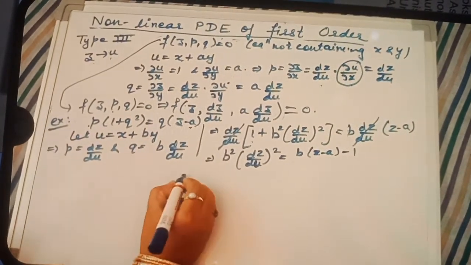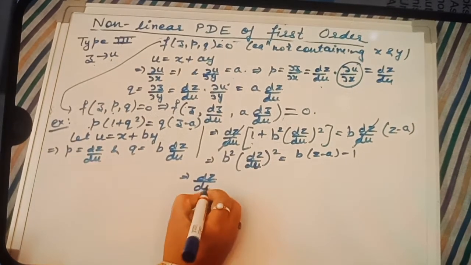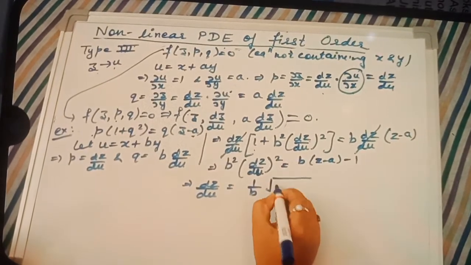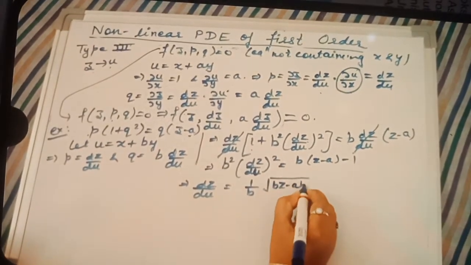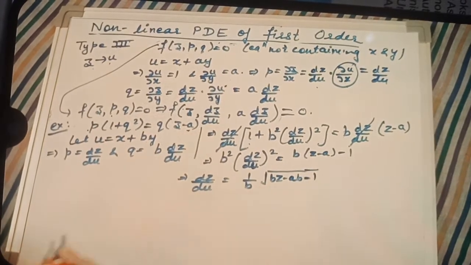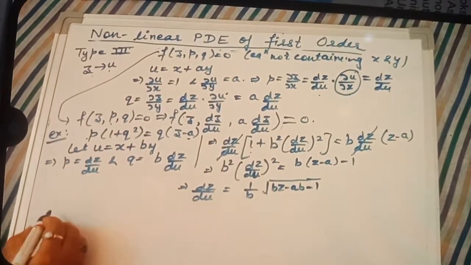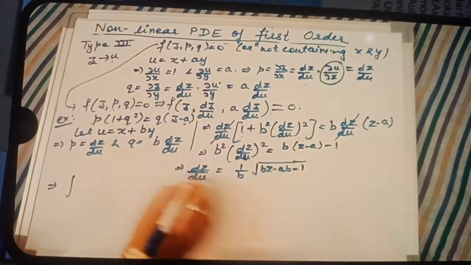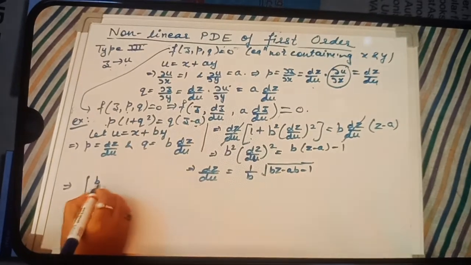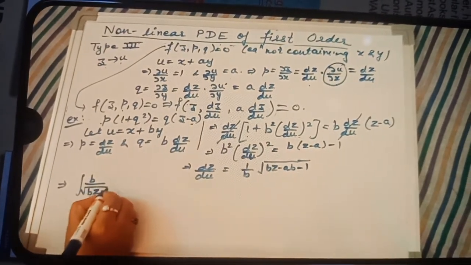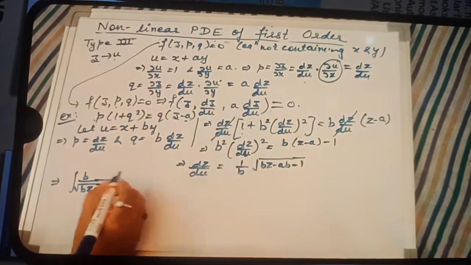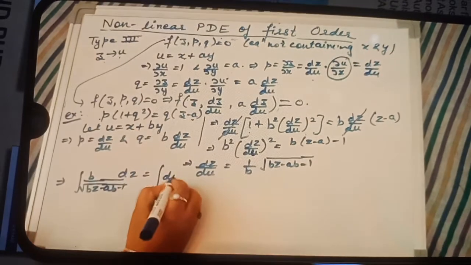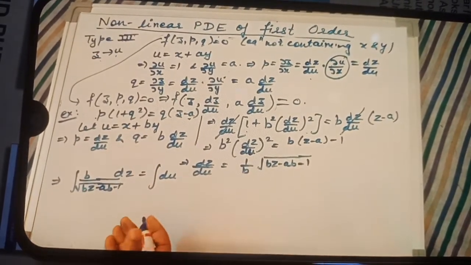Then you get dz over du equal to, similarly, 1 upon p comes here, under root of bz minus ab minus 1. You get the value of dz over du. Now we have to integrate this, so we will take here b upon under root of bz minus ab minus 1 dz equal to du.